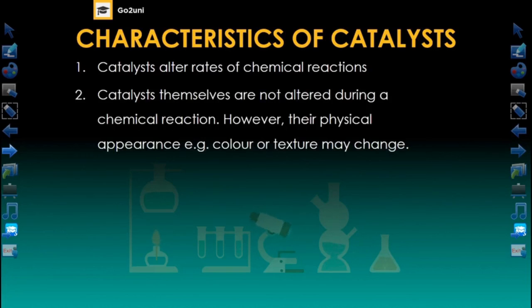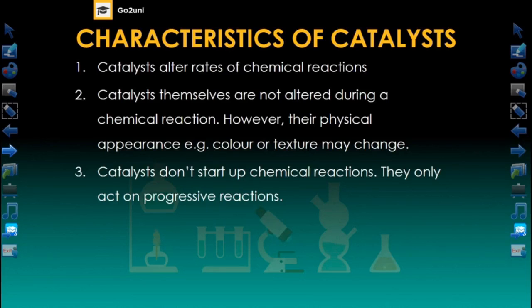Catalysts are said to alter the rates of a chemical reaction. That is, they can speed it up or they can slow it down. Catalysts that speed up chemical reactions are positive catalysts, while those that slow them down are negative catalysts or inhibitors.